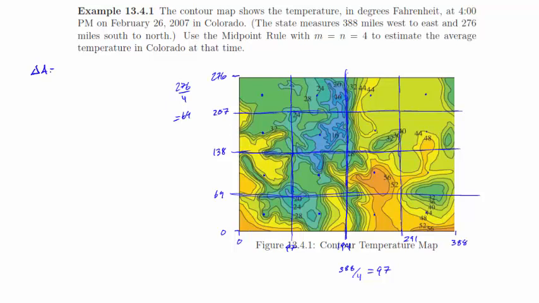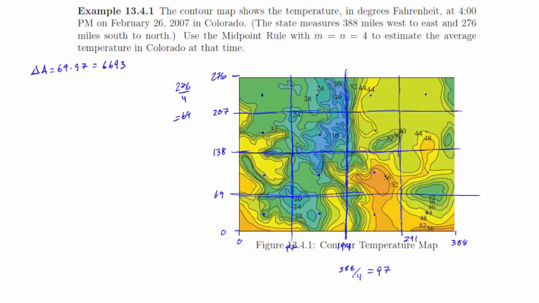So we can see that our delta A is 69 times 97, which equals 6,693.